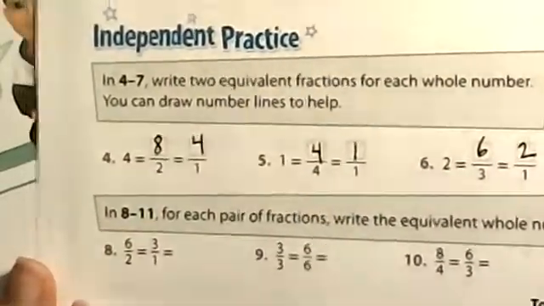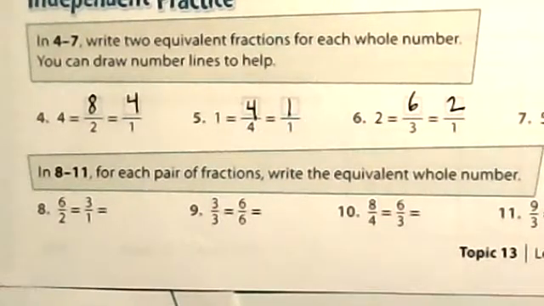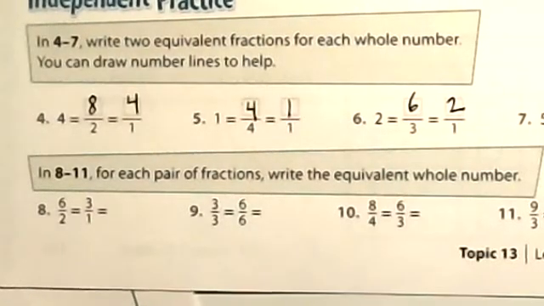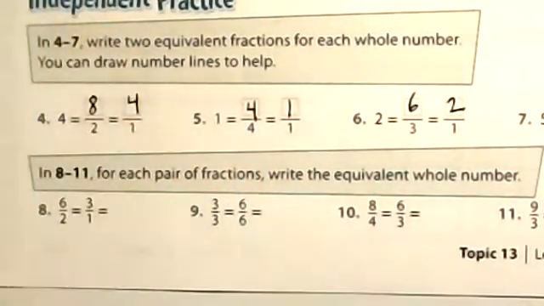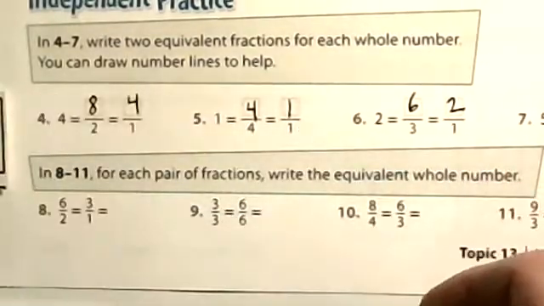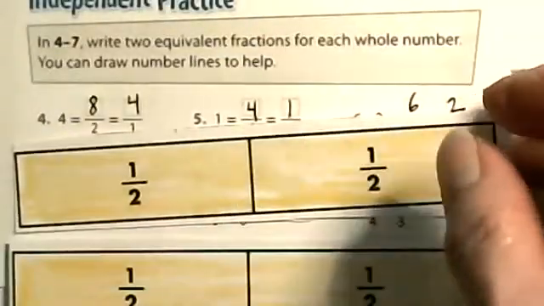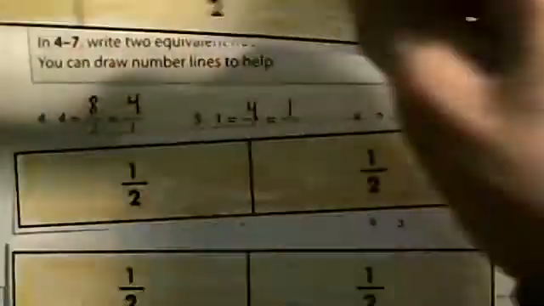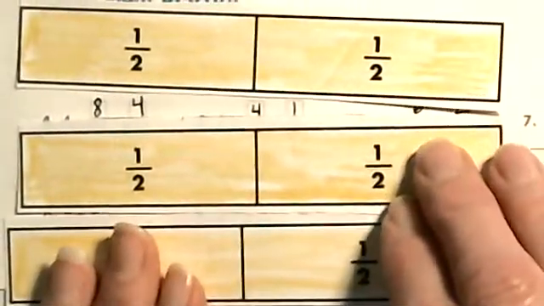6 over 2, 3 over 1 is what whole number? 6 halves. Let's get my half strips. Six halves. There's two. There's 2 more. There's 2 more. 6 halves is how many wholes?